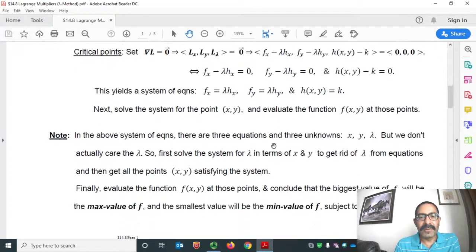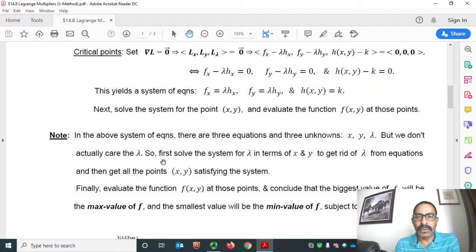Quick note about this idea here. In the above system of equations, there are 3 equations and 3 unknowns: the unknowns are x, y, and lambda. But we don't actually care about lambda.